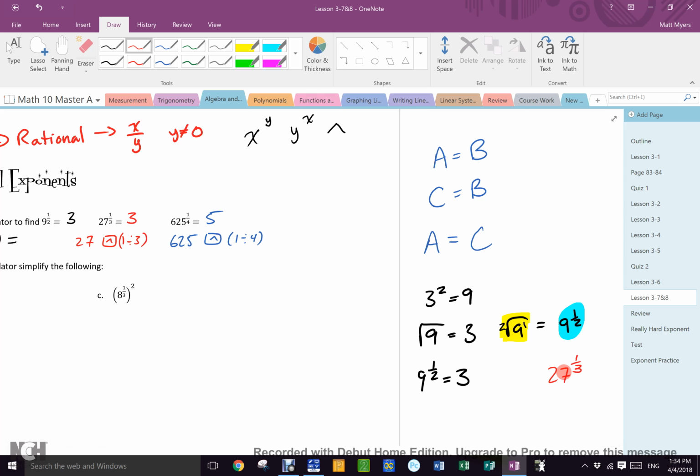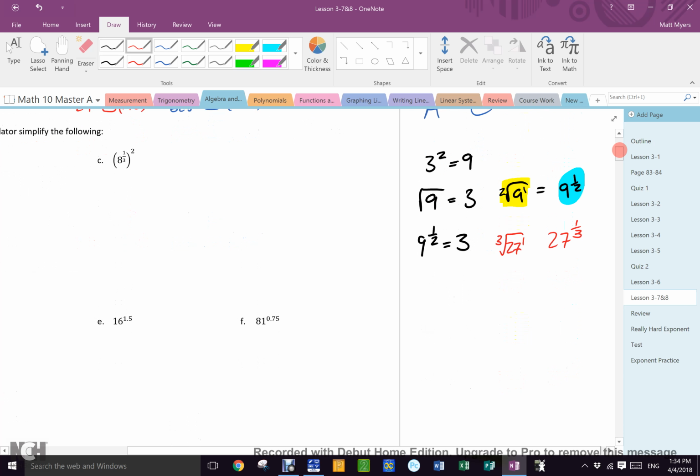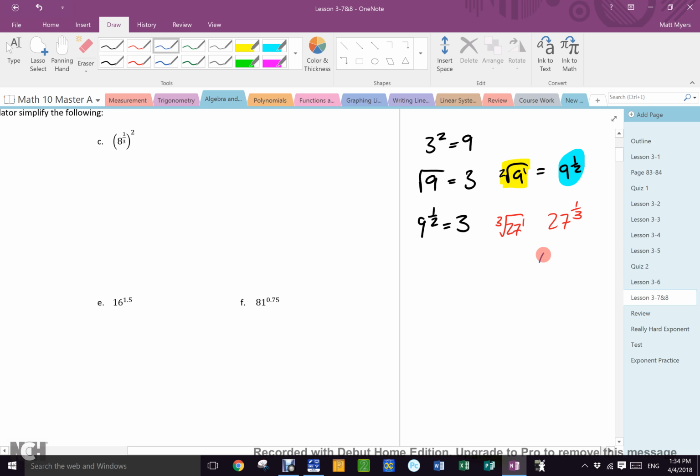Corey? It'll be a cube root of what? 27 to what power? 1. Everybody with me? What is going to happen with the blue one? 625 to the 1/4. It'll be the 4th root of 625 to what power? 1.